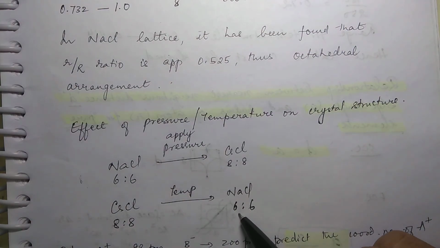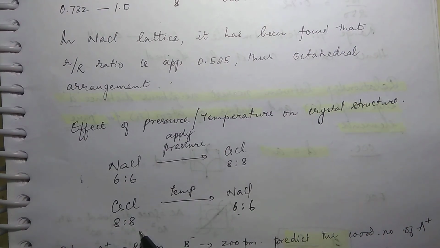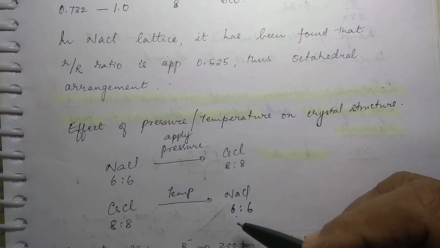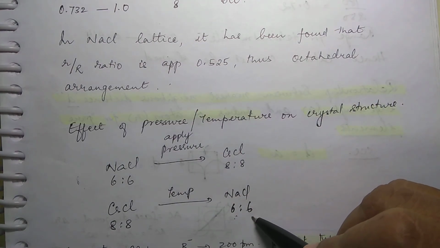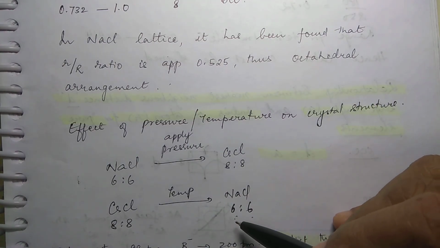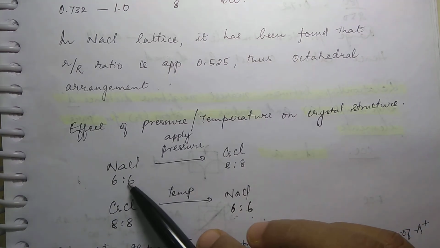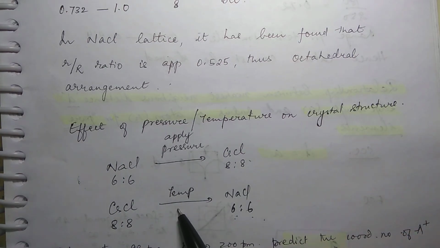The coordination number will decrease from 8:8 if they move out of their lattice site and come closer to each other, then the coordination number decreases. So from 8:8 to 6:6, right? So if you apply pressure, coordination number increases. If you apply temperature, coordination number decreases. So this is what you have to remember.